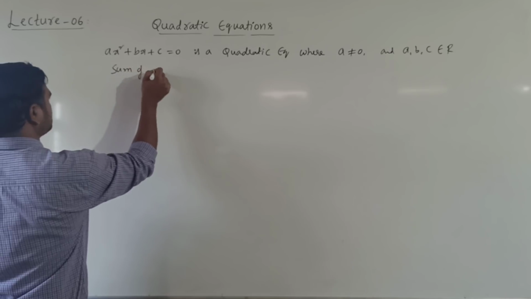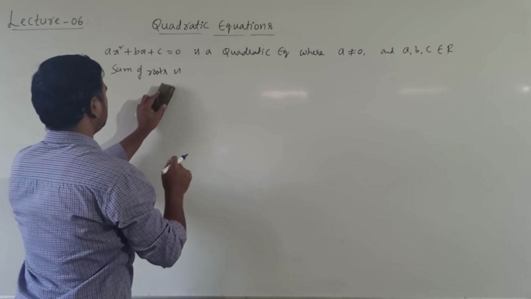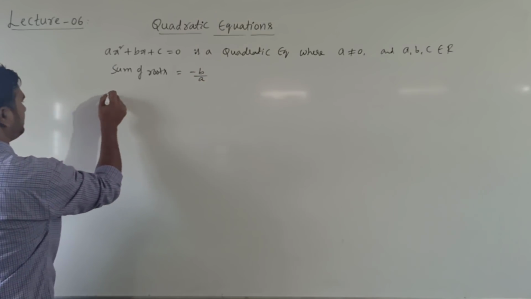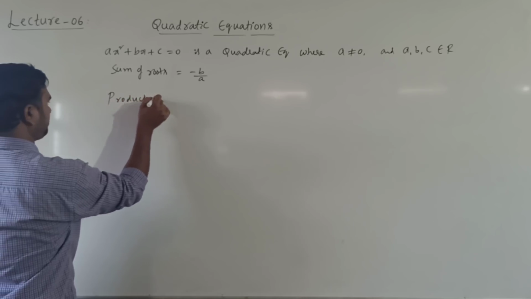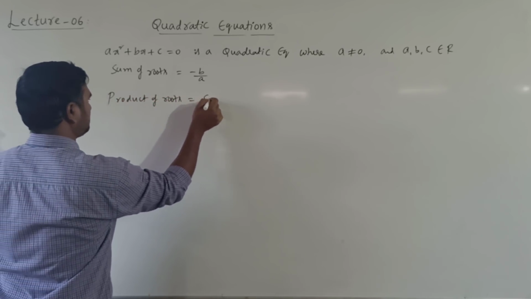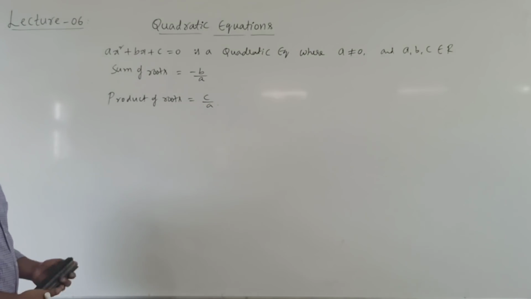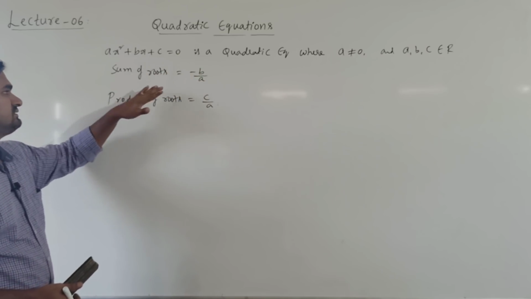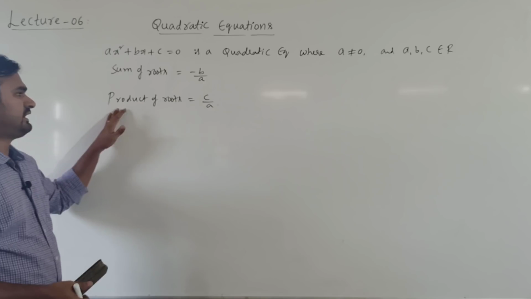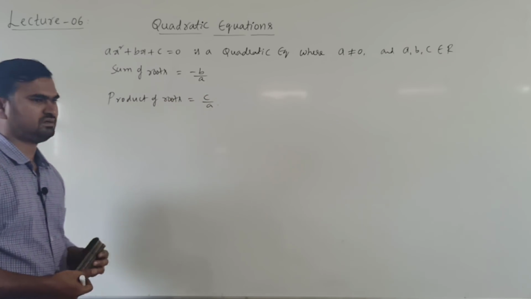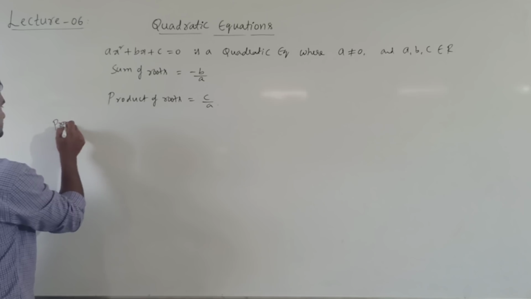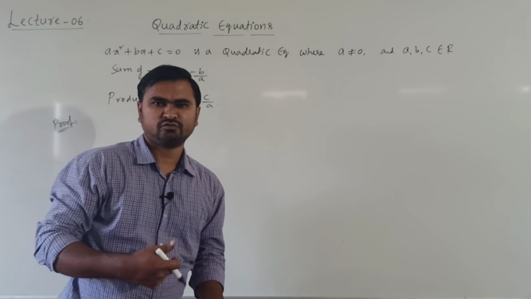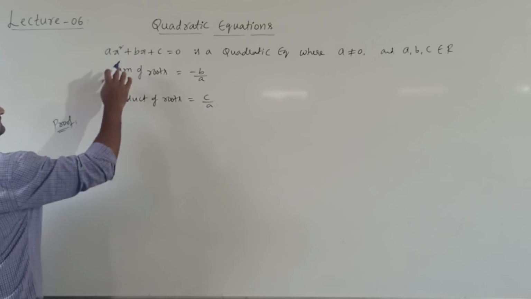Sum of roots is equal to minus b by a, and the product of roots is c by a. So when we write the quadratic equation in the standard form ax square plus bx plus c equal to 0, sum of roots is minus b by a and product of roots is c by a. Proof is not required, but just observe how we get that the sum of roots is minus b by a and the product of roots is c by a. Let us see the proof.